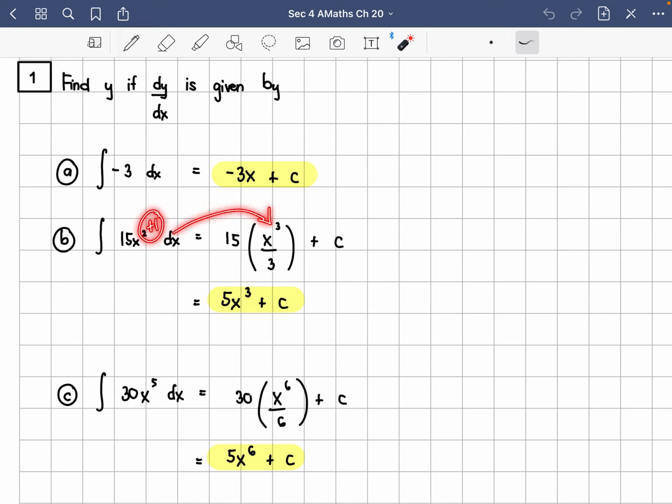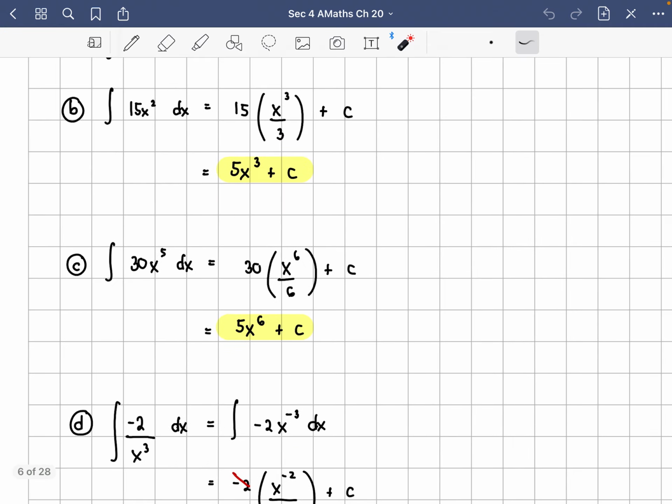And remember, your index is also your denominator. So again, if let's say this is 1000, that means that your denominator is also 1000. But for this question, you have x cubed over 3 and then plus c. So simplifying this, we can divide 15 and 3. That's why your final answer is 5x cubed plus c.